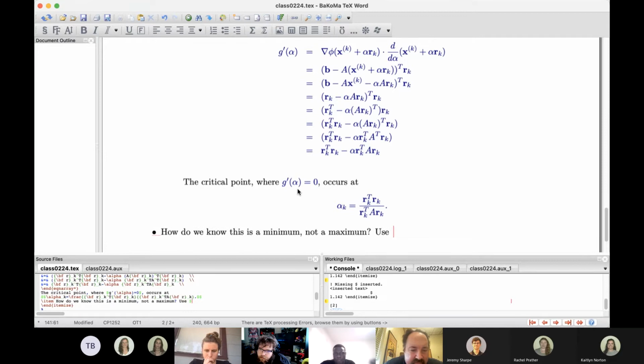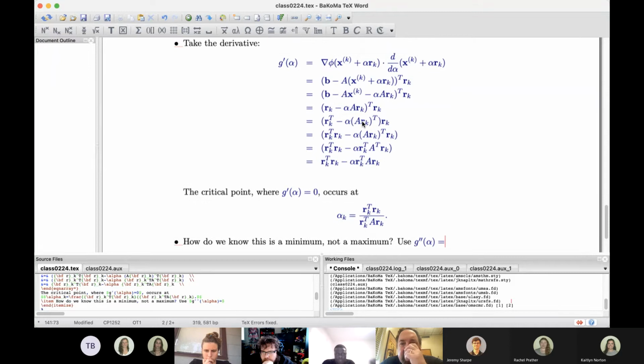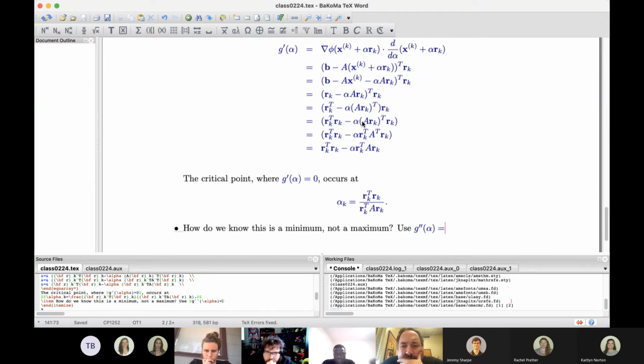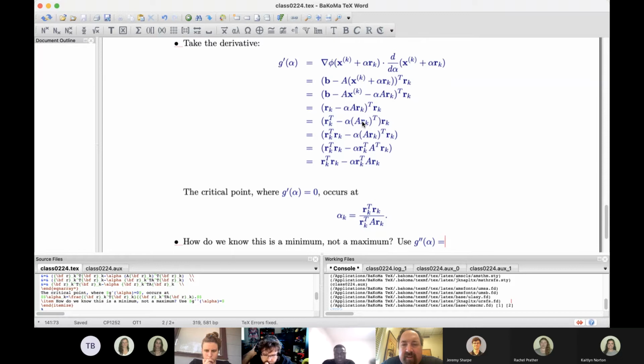So g double prime. Wait, something seems odd here because this isn't actually going the way I want it to.